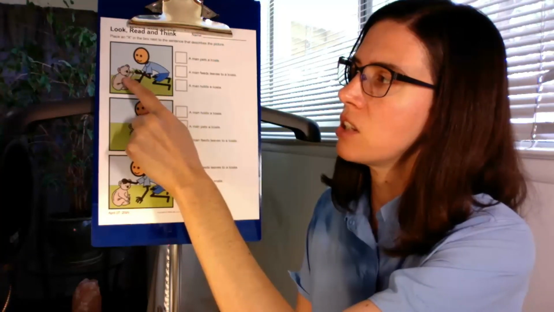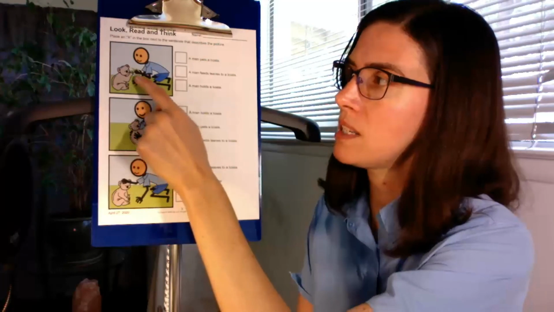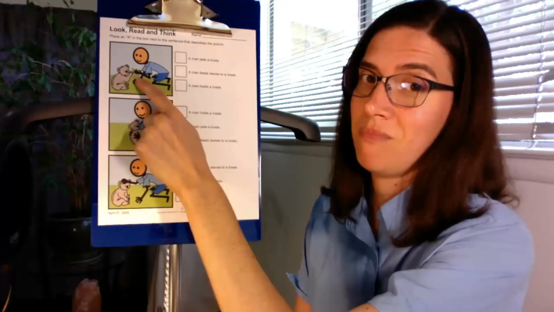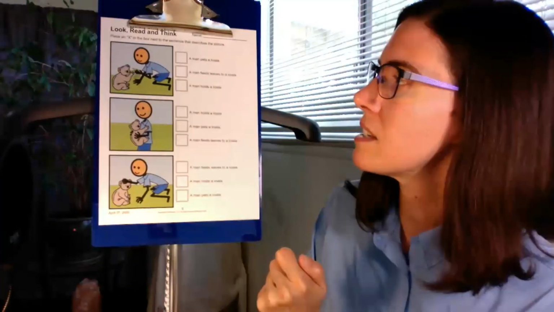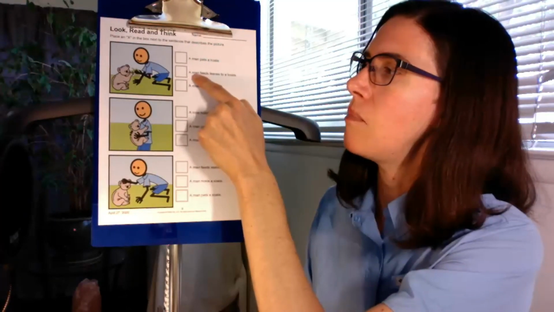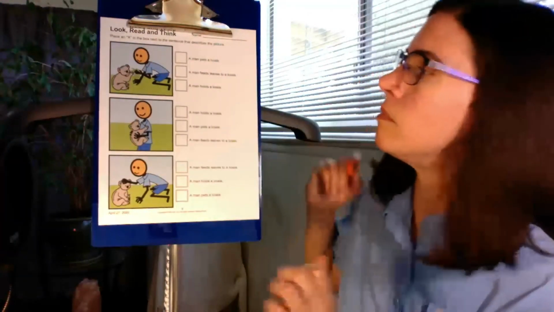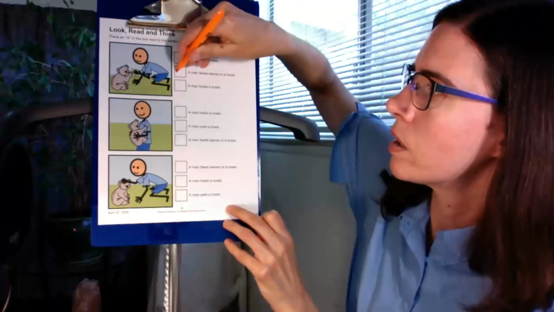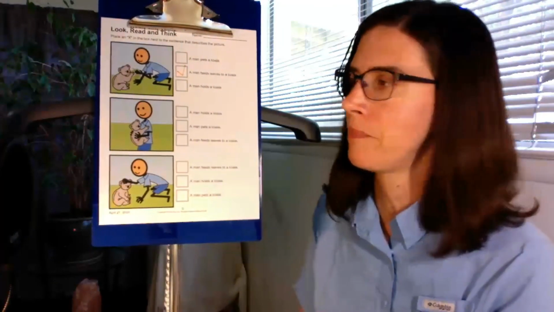Is his hand touching the koala? No, he's not actually petting the koala. But what is he holding? Leaves. And the koala is eating them. So our best answer is a man feeds leaves to a koala. Check.